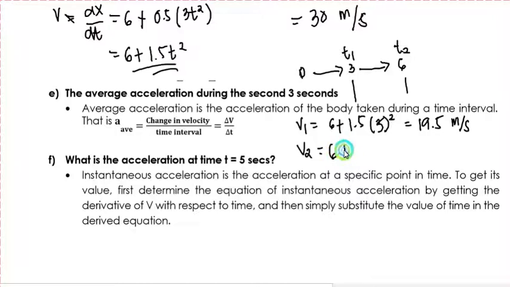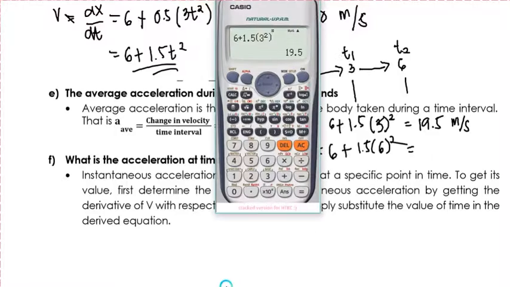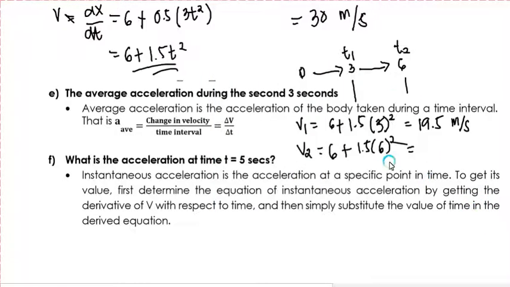So we have 6 plus 1.5 times 6 squared, so this is equal to 60 meter per second. So we have two values of velocity.